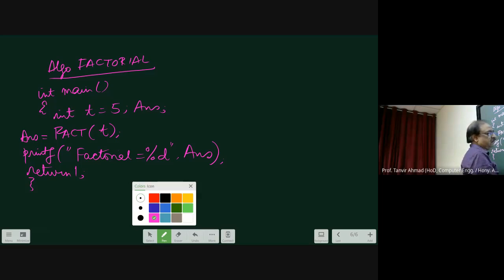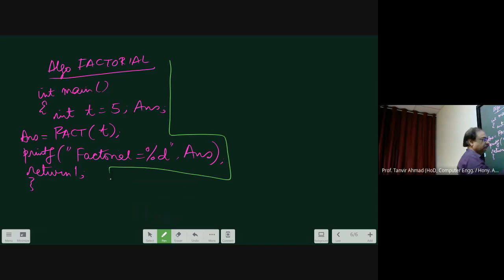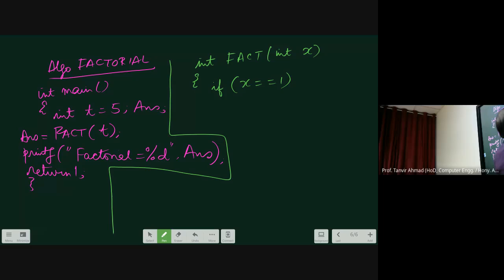Now I am going to write the recursive function for this. I write integer fact.